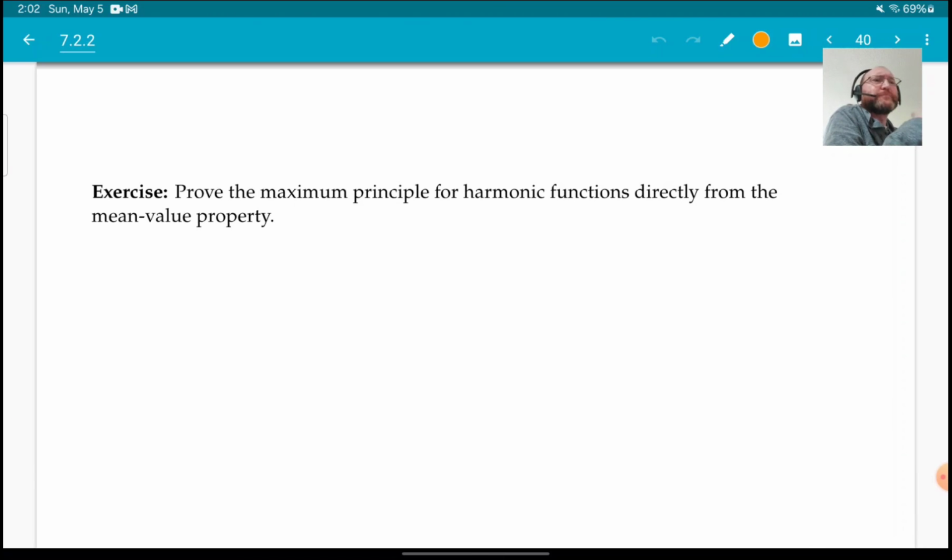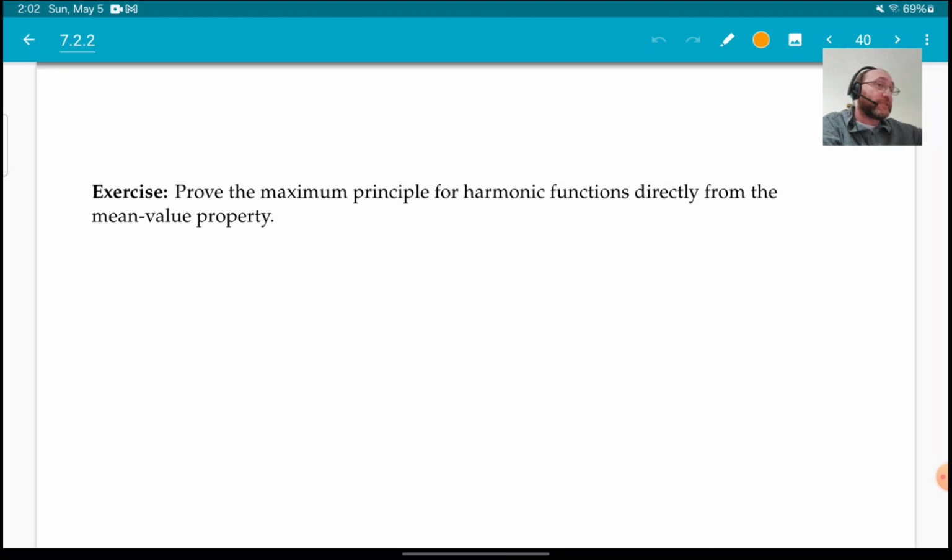And you can do it, and basically it's the same idea as how we proved the maximum modulus principle for holomorphic functions. We actually did it using Cauchy's theorem, and using Cauchy's theorem we got the mean value property for holomorphic functions, and then we used that.